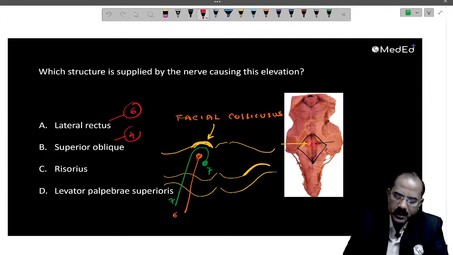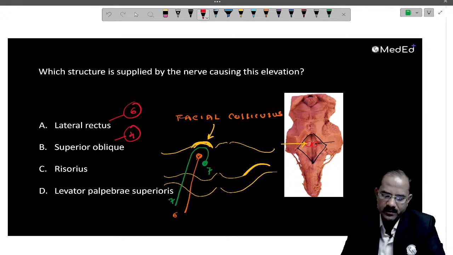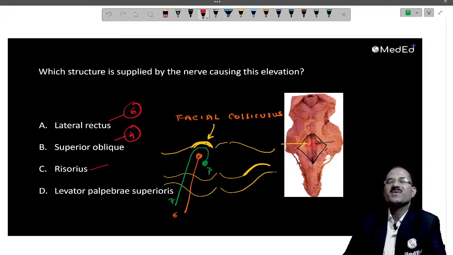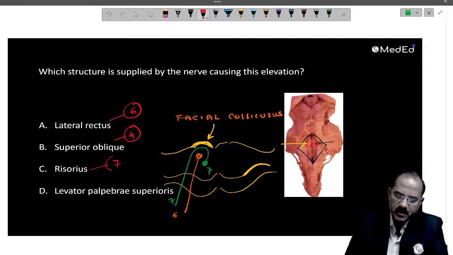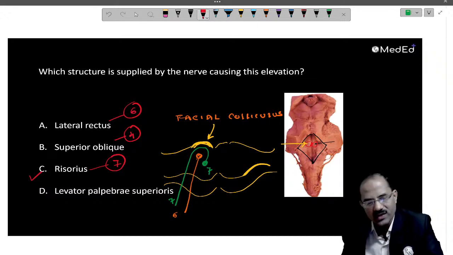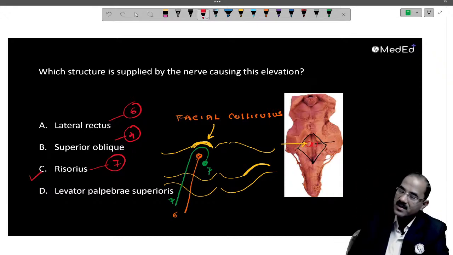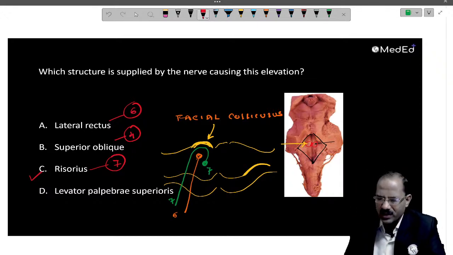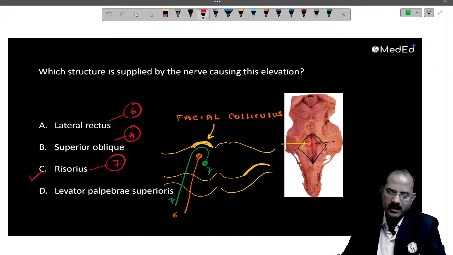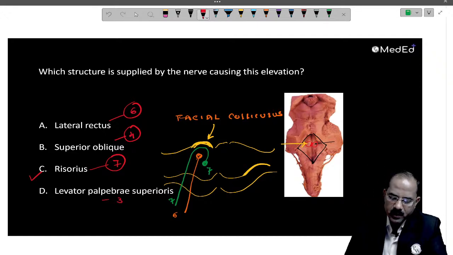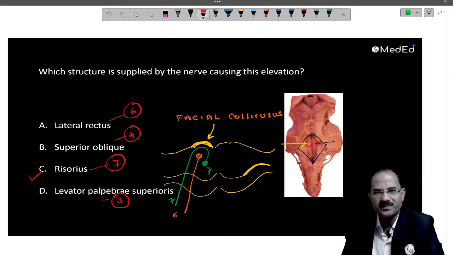Superior oblique is supplied by the fourth nerve. Risorius is a muscle of facial expression, supplied by the seventh nerve. So if the facial nerve is damaged, the risorius muscle would be paralyzed.